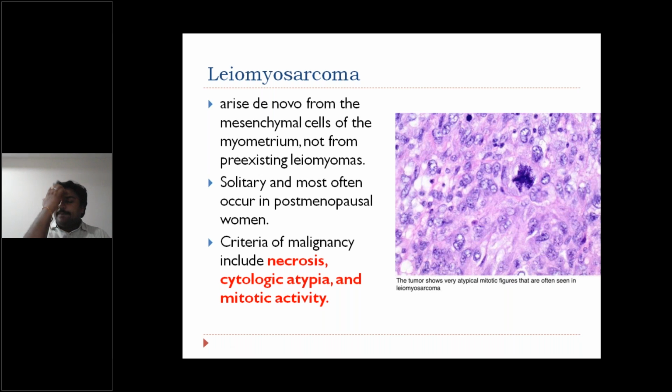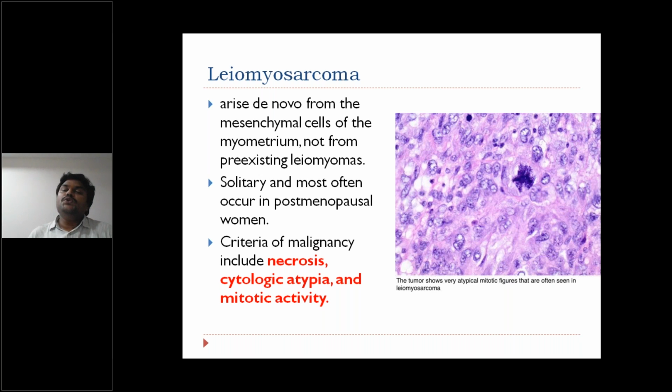And there is one condition called STUMP. In cricket we usually say stumped. So there is one entity between leiomyoma and leiomyosarcoma called smooth muscle tumor of uncertain malignant potential.